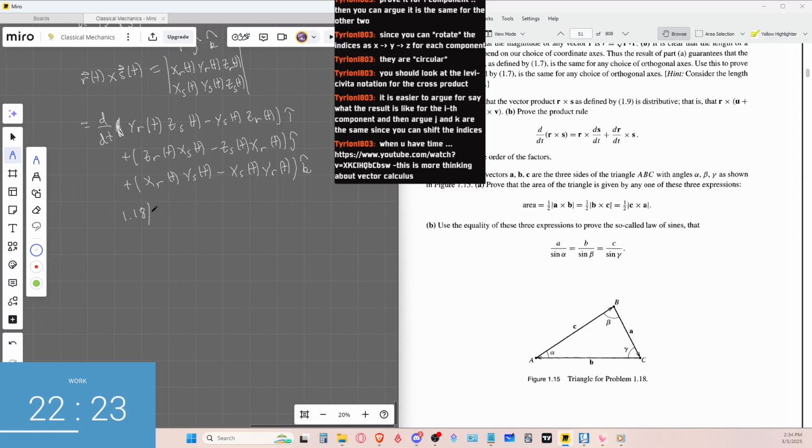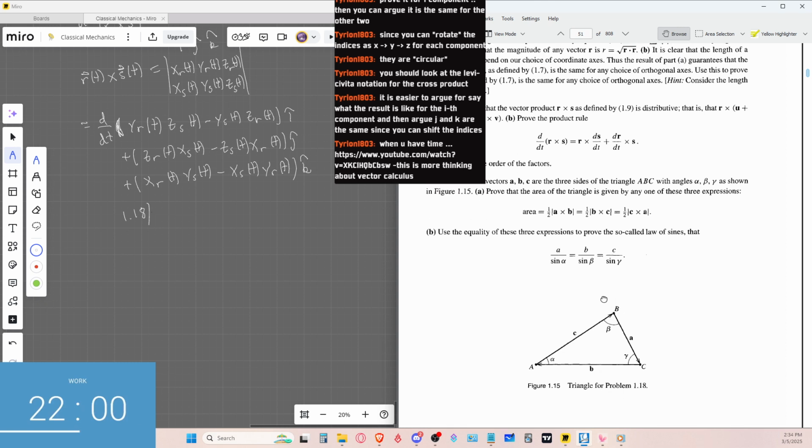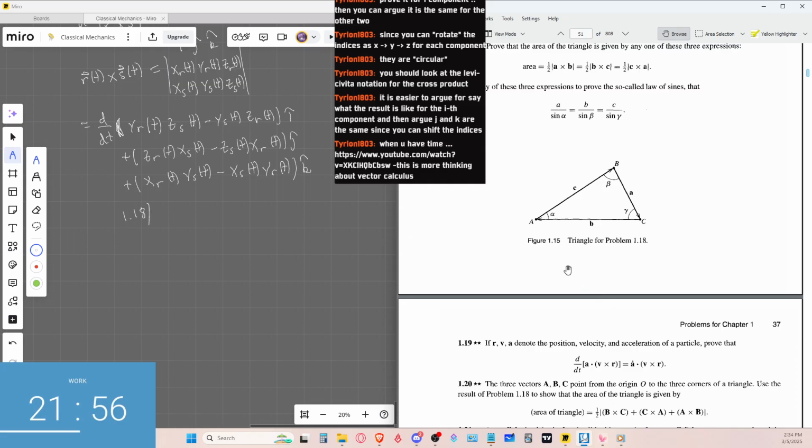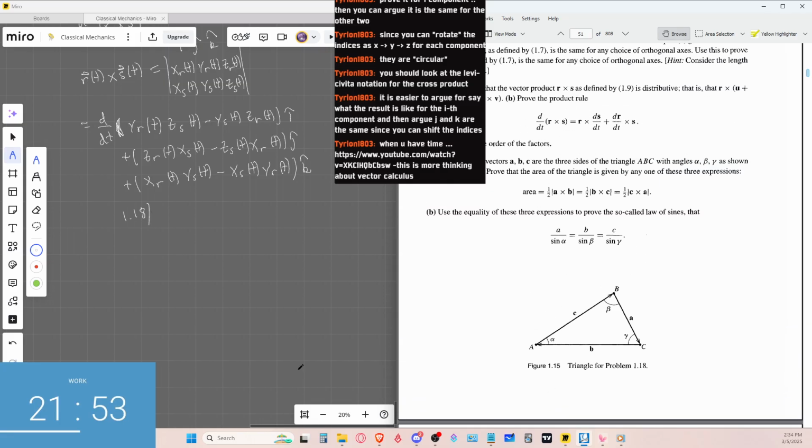Okay, prove that the area of the triangle is given by one of these expressions. Well, let's see, vector A, vector B. I wonder if I can copy this. It would be nice to take this whole triangle, but I guess I have to do it from scratch.